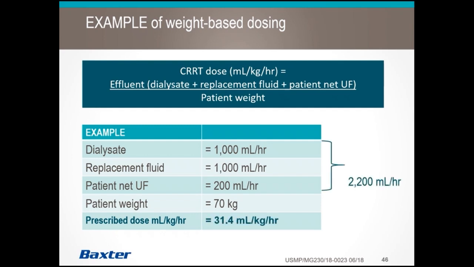When you divide that by 70, by the patient's weight, it gives you a prescribed dose of 31.4, which is a little higher than the recommended 20 to 25, and this will help to account for that downtime that your patient will probably experience on CRRT, and this patient is being dosed appropriately.